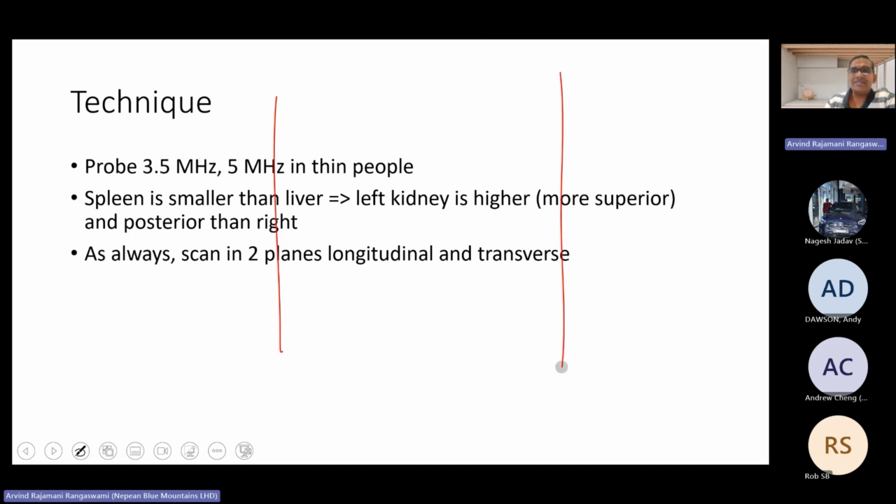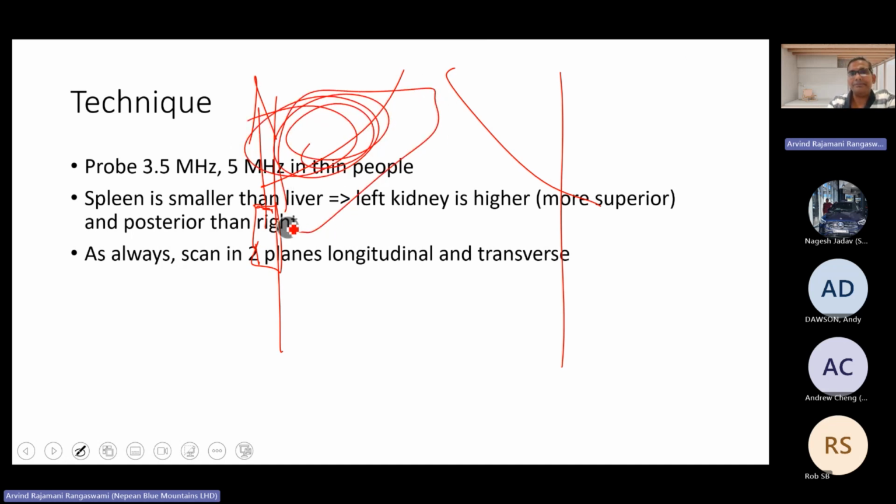So if that's the patient, and this is the costal margin, okay. Now, if I go somewhere in the flank, somewhere here, facing the 12 o'clock position, typically I will actually start from superiorly where I get the liver.